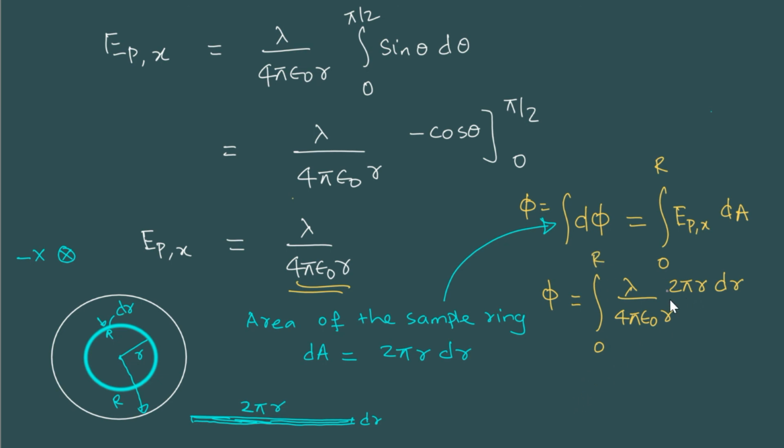The 2 cancels with the 2 pi, so the constants, lambda by 2 epsilon naught, come out. Then you are left with only the integral of dr from 0 to R. So what will this become? I think this is simply R. So the flux will be lambda R by 2 epsilon naught.